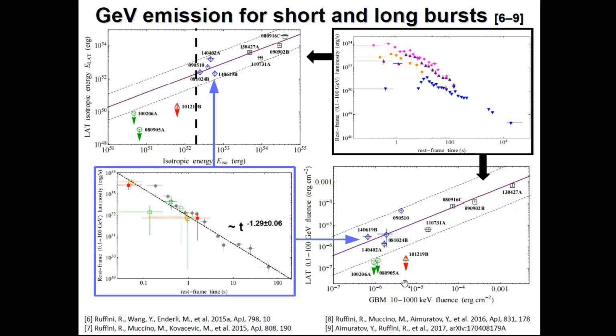You can see that there is a kind of distribution for sources like these ones, where the squares are very energetic long GRBs with energy larger than 10^52 ergs. And also in this case here, these are long GRBs with isotropic energy larger than 10^52 ergs. These diamonds, the blue diamonds, instead are short GRBs with isotropic energy larger than 10^52 ergs, and so on here.